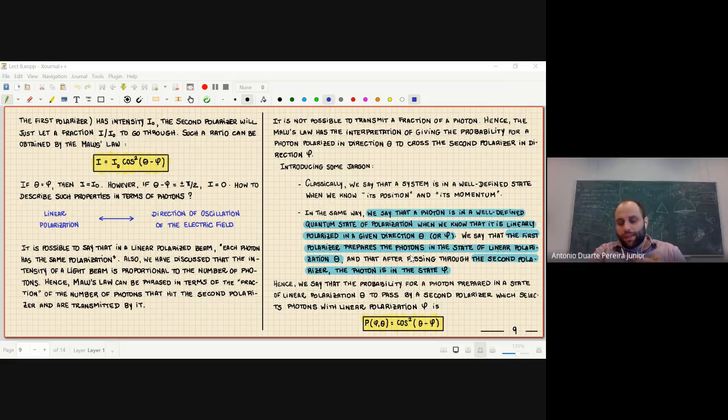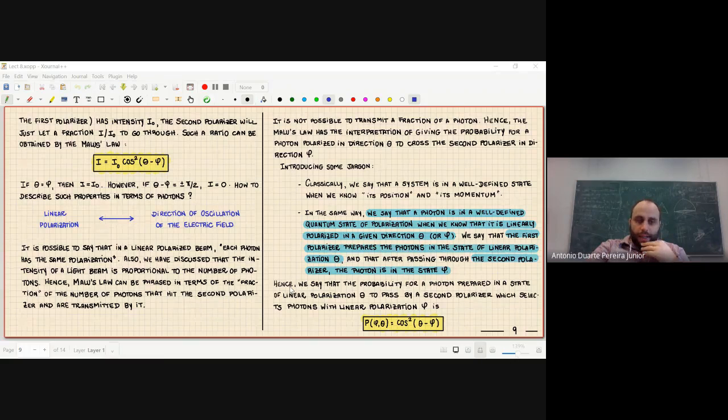And after passing through the second polarizer, we say that the photon is in the state of polarization phi. Okay? So the polarizers essentially define the state of polarization of a photon. And this state is a quantum state. It's the state at the level of quantum mechanics. Okay?